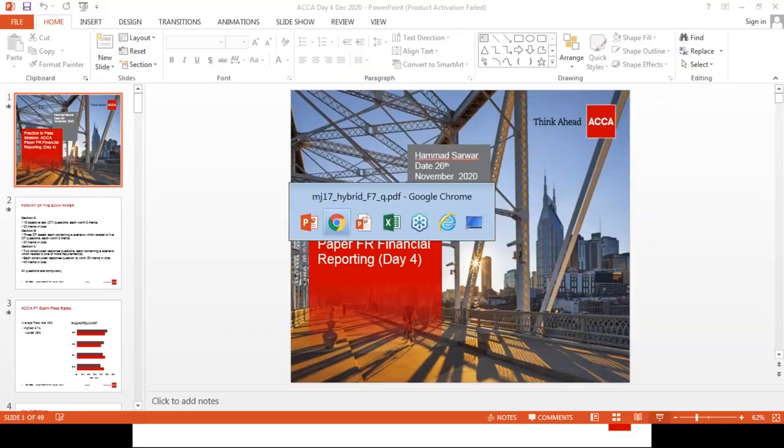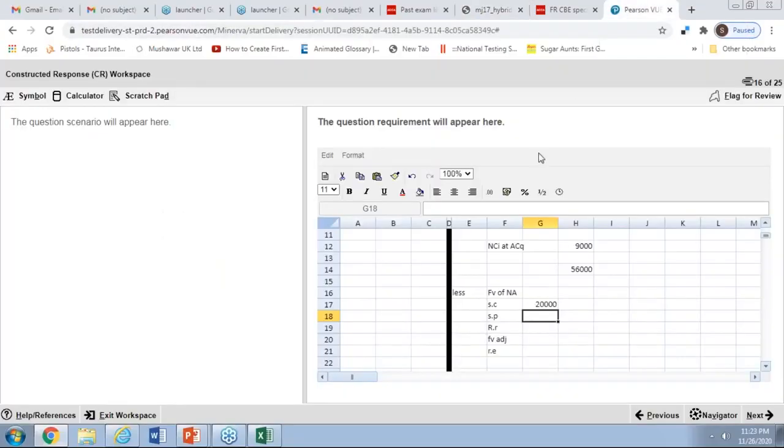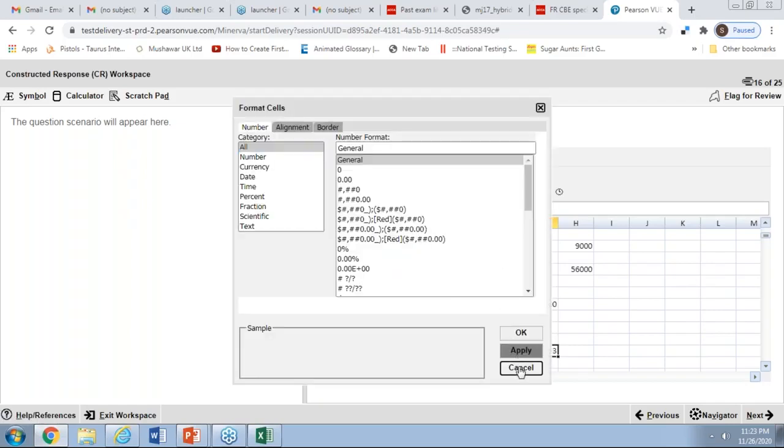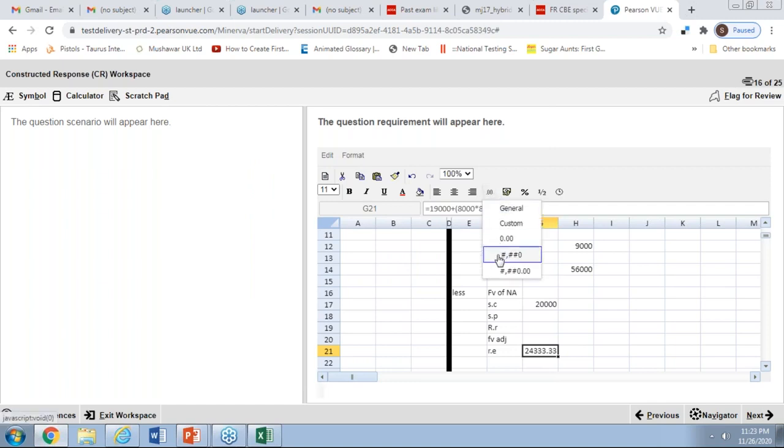So retained earnings will be 19,000 plus 8,000 into 8 divided by 12. So the amount will be 24,333. Do we have a share premium account balance? No.